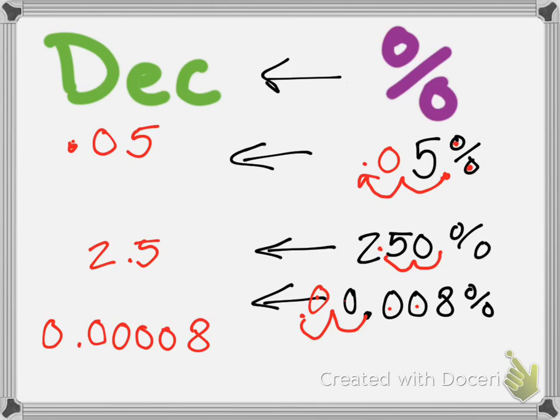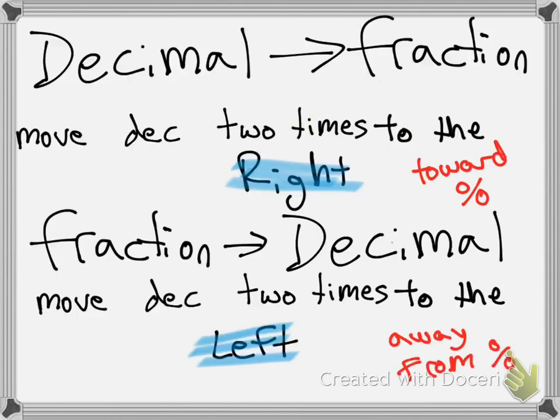We see these. It still is accurate, because you can have percents less than 1%, more than 100%, all of that. So, to go from a decimal to a percent, we move our decimal 2 times to the right, towards that percent sign.